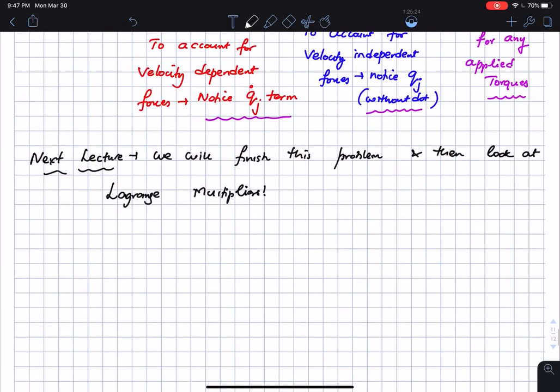Let me write that out properly. Lagrange multipliers enable us to look at non-holonomic systems as well.